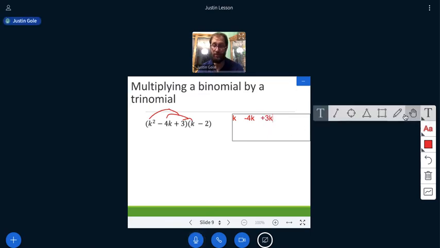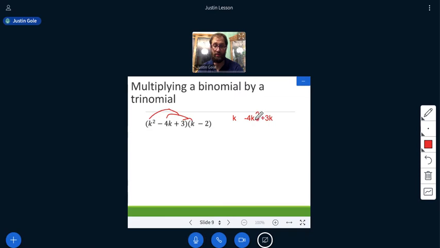Okay, so let's put some powers on some of these things, huh? Negative 4k squared, that is a really big 2. Negative 4k squared, and k to the third. So I multiplied k times k squared, k times negative 4k, and k times 3.